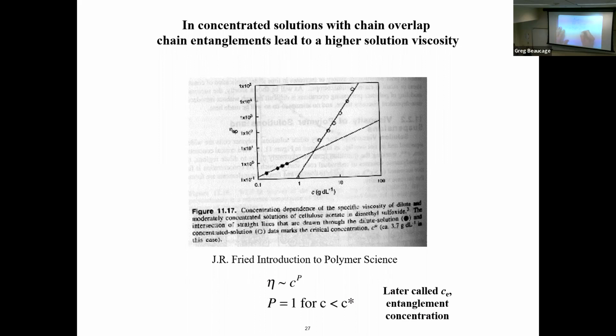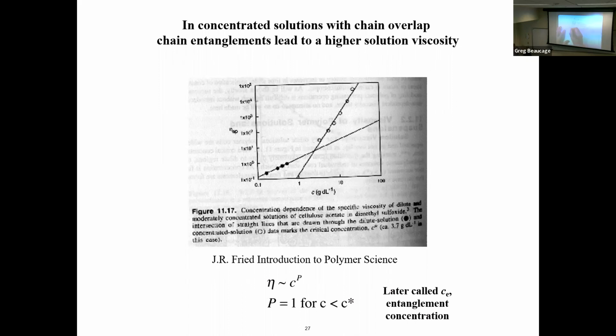That number follows the Mark-Houwink equation, from Herman Mark from Brooklyn Polytech in around 1960: intrinsic viscosity goes as M to the A. We'll go through this later, but this A is basically our 0.8, 0.5, 2 number. We'll go through why that is, but that's the measurement you're talking about.